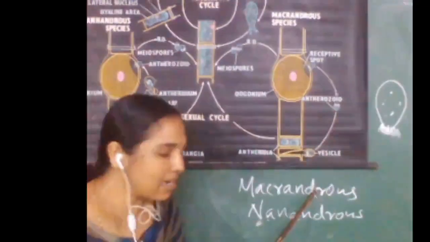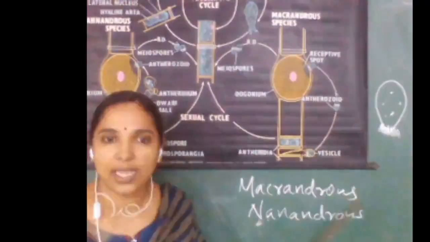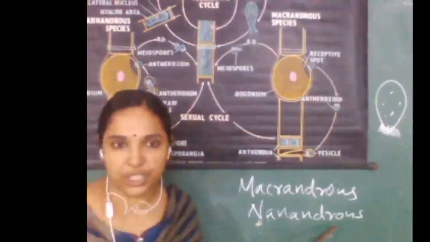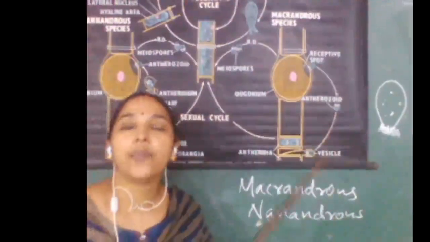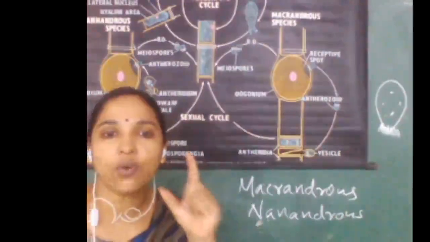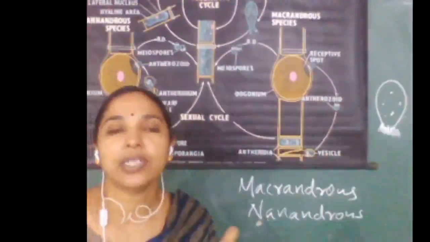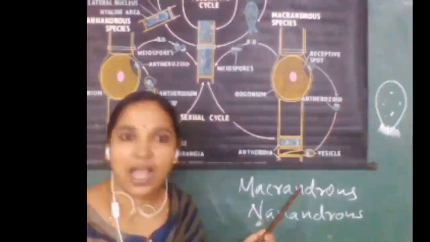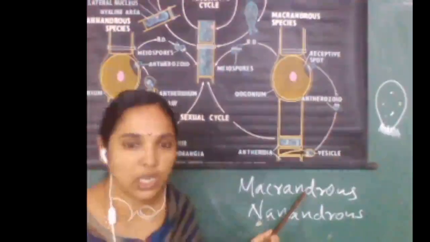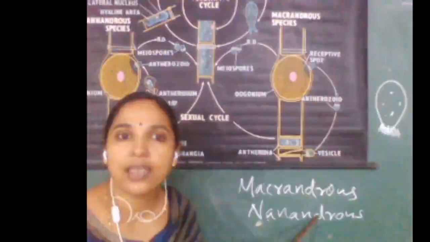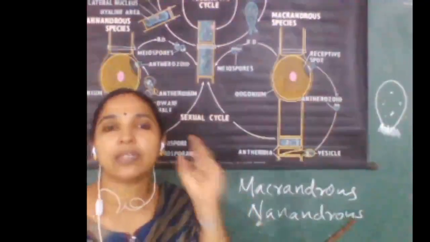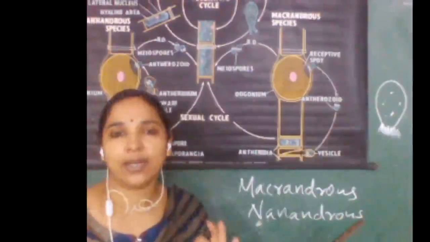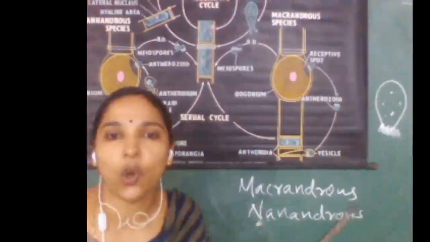But in Nannandrous species, the antheridia are produced in a separate small dwarf filament, and that filament is called nannandria. Macrandrous, antheridia and oogonia in the same filament, but in Nannandrous, antheridia are produced in a separate short filament known as dwarf male or nannandria.